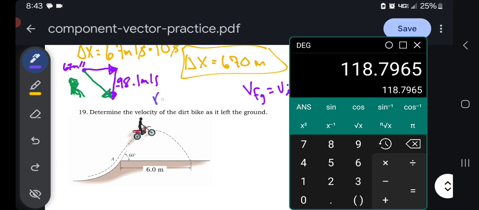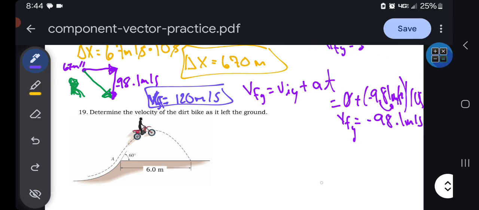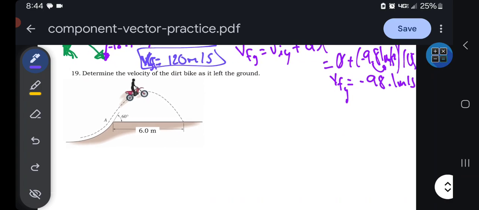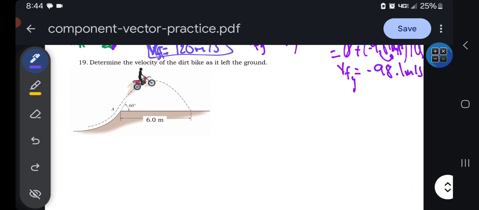So the velocity final would be approximately 120 meters per second. To 1 sig fig, realize, guys, that would actually come out to 100 meters per second. Alright. That is it for number 18.